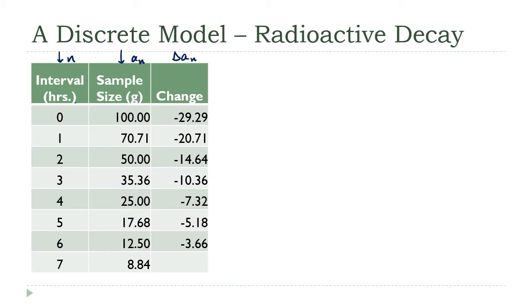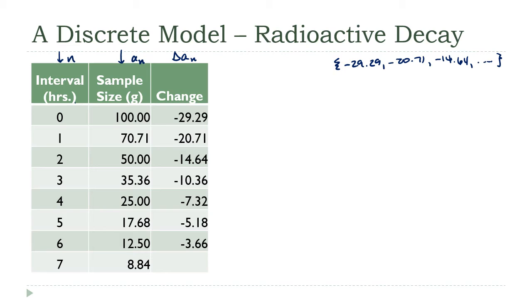Okay, so again, we're referring back to those definitions. These values in the third column, negative 29.29, negative 20.71, negative 14.64, etc., those would be the first differences. Okay, so where this gets interesting is if we go one step further and calculate the percent change.